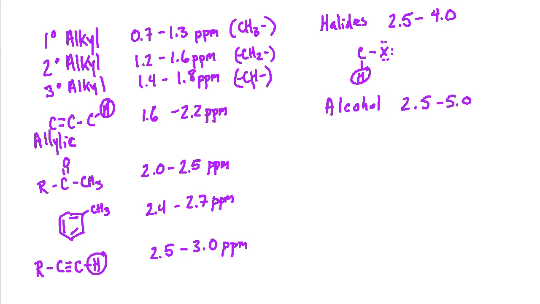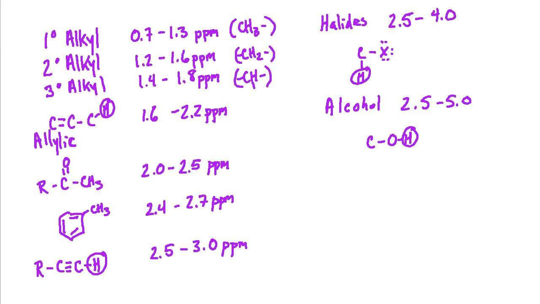Okay, so again, when we're talking about an alcohol group, it does directly have a hydrogen on it. So we're talking about something that would look like this, right? So here's that hydrogen group right there. That's going to be anywhere from 2.5 to 5.0.